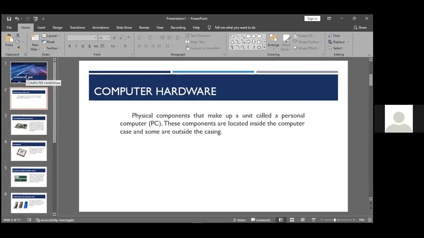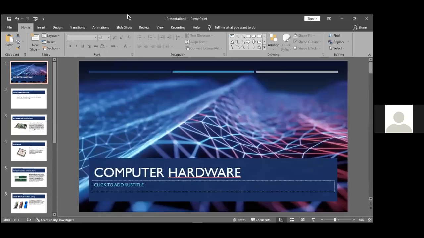Okay. For the task, I'm asking you guys to look for a video about computer hardware, watch it, and write down the name of the hardware and also its function.